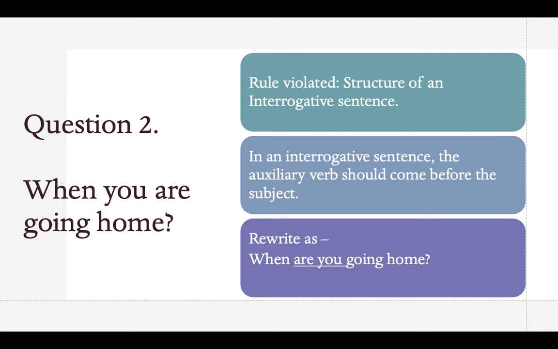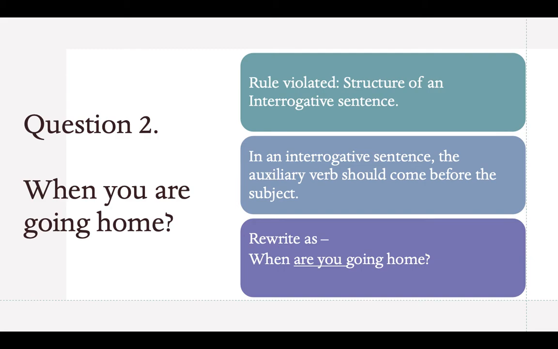And if it is a question, you cannot put the subject before the helping verb are. So when are you going home? That is the structure of a correct interrogative sentence. So in this sentence, what is violated is the structure of an interrogative sentence.